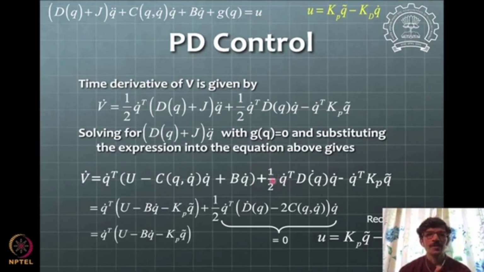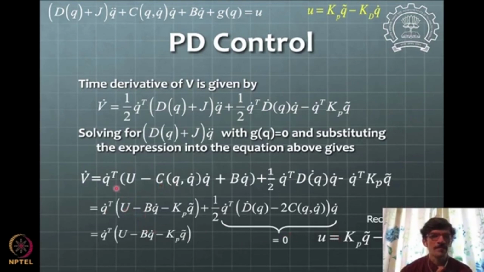Then you have this term. This half is not there, so I have not put that half here. You get this term first, then this term as it is, and you have the derivative of D happening here, and then here you will have this same term coming up. Now we collect these terms in a very specific manner.